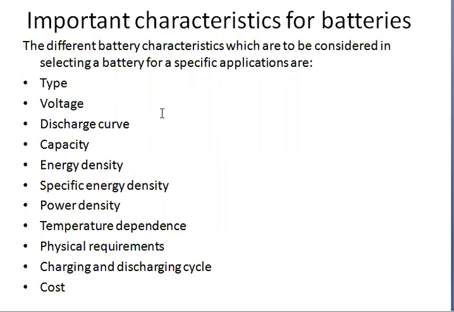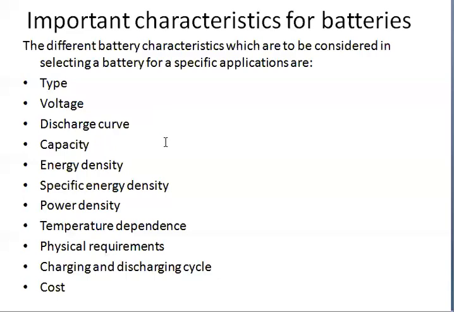And coming to the voltage, in general, the typical voltage level of a battery varies between 1.2 volts for a nickel cadmium battery and 3.7 volts for a lithium ion battery. And coming to the next one, that is discharge curve.